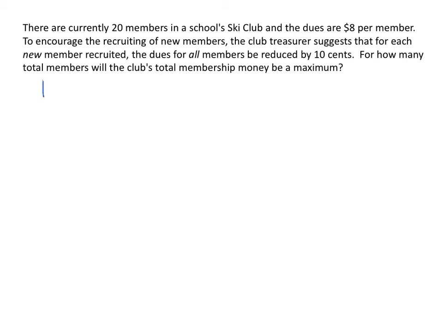Well, the money that you get is equal to the number of people times the amount of their dues. Well, we currently have 20 people, but we're going to add some amount of people. And then we'll multiply that by our dues of $8 minus 10 cents for every person.